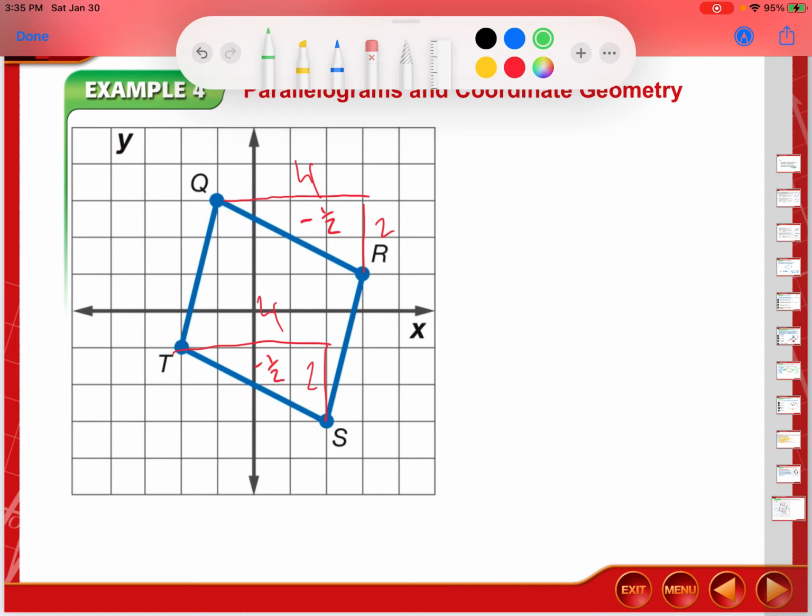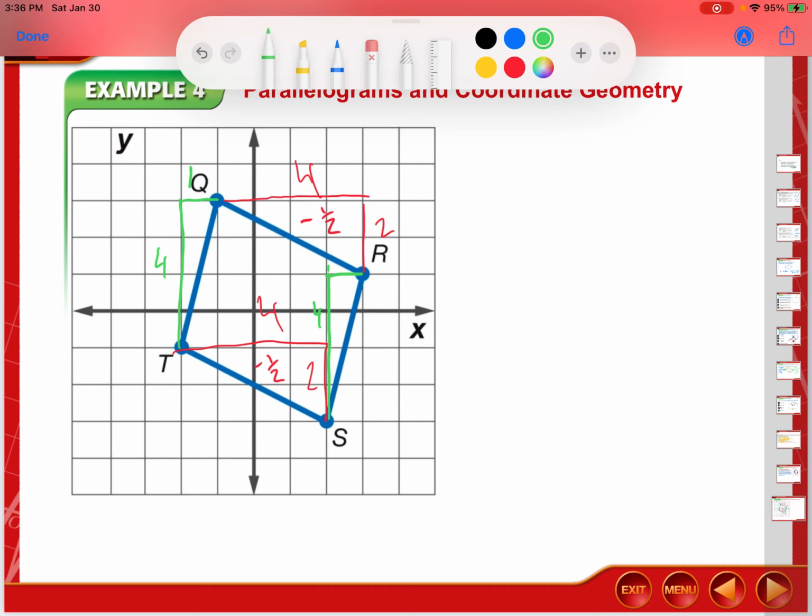Now, I would do the same thing from T to Q, and from S to R. From T to Q, I'm going up 4 and right 1. From S to R, I'm going up 4, right 1. Those two slopes are the same.